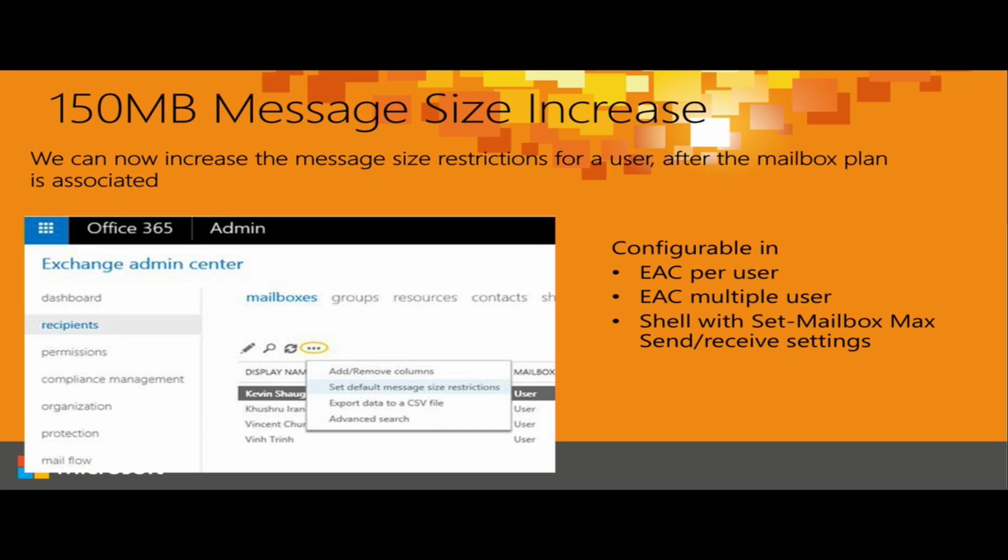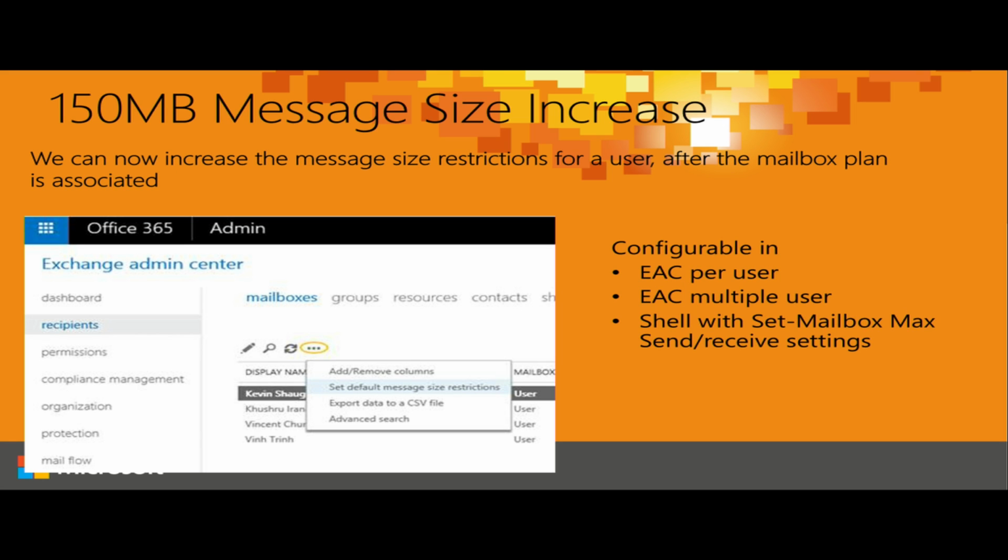All right, so another thing that you need to consider when doing hybrid deployments is the 150 MB message size increase. By default, it's 35 MB, right? So the largest message that you could send or receive in Office 365 is 35 MB by default.